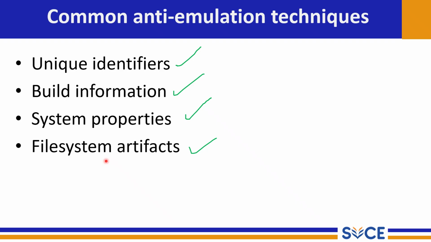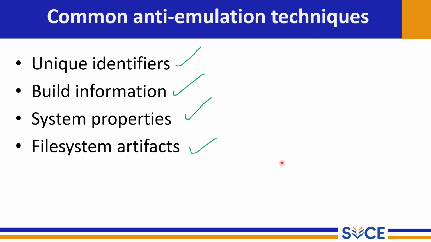And next, detecting timing and performance anomalies. Emulators often execute code slower than physical hardware, which can be detected by monitoring the time it takes to complete a task.